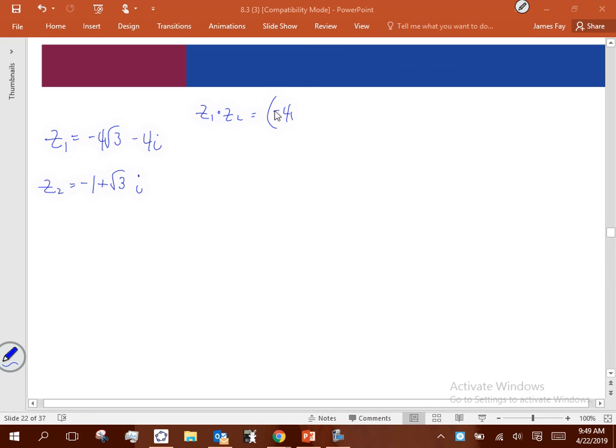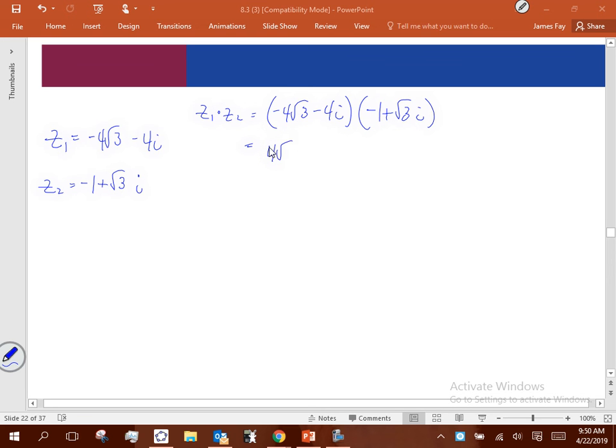So I have negative 4 root 3 minus 4i times negative 1 plus root 3 times i. You guys remember how we have to multiply that? What process do we use to multiply that stuff out? I've got to distribute, right? It's binomial times binomial, so it's FOIL. So let's take negative 4 root 3 times negative 1, which gives me 4 root 3.